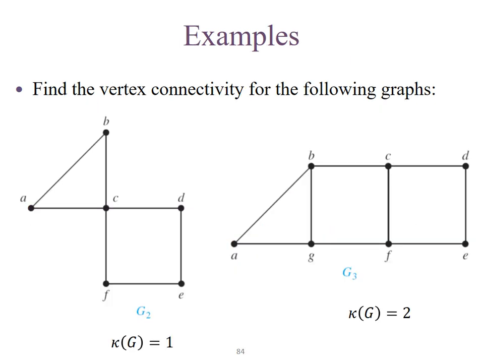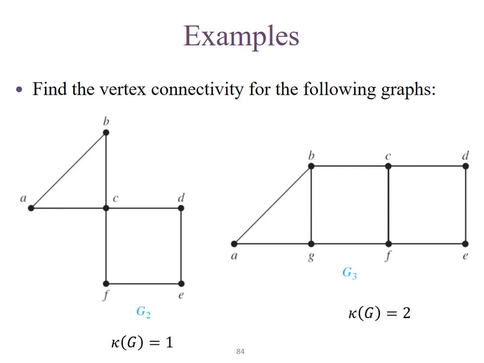All right, this will be easy if you see this example. Okay, for G2, what is the minimum number of vertices we remove to produce a disconnected graph? Actually, if you remove C, then you will have two connected subgraphs. Okay, so the kappa of G2 will be 1.